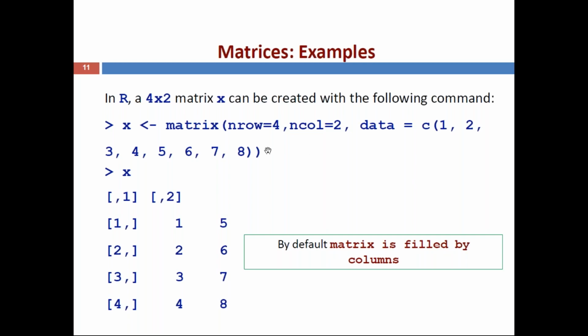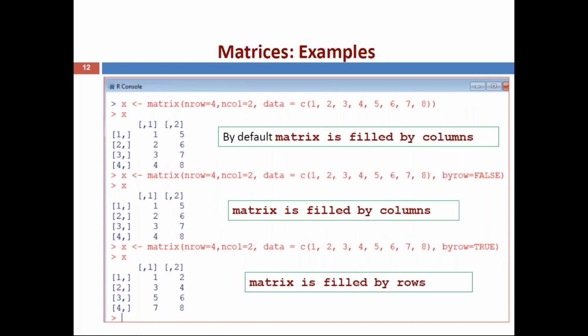If you want row wise, in the matrix syntax you can use byrow equal to true, then it displays row wise. Byrow equal to false, or without giving it, fills column wise.